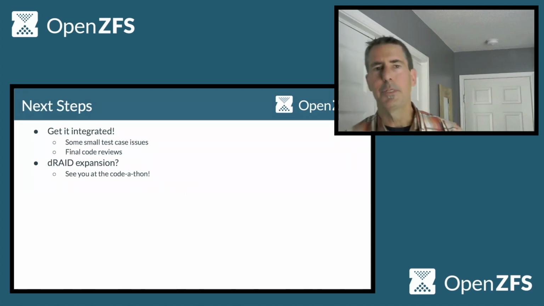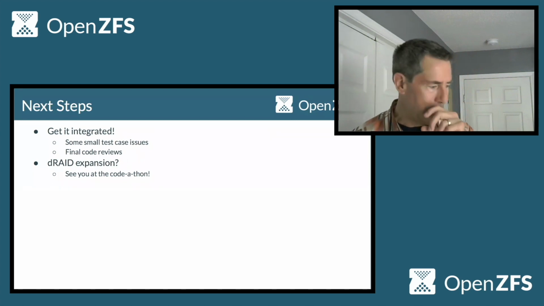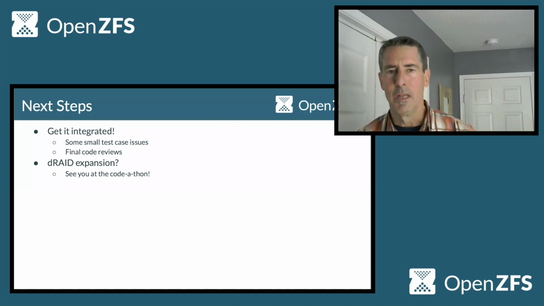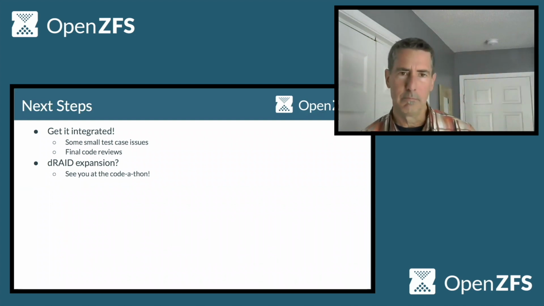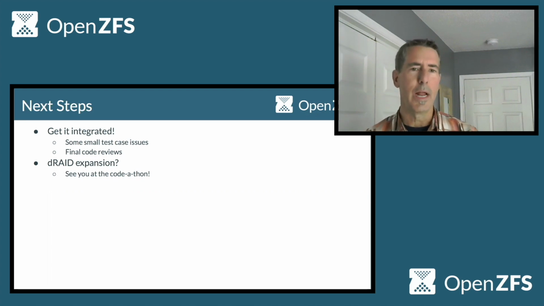So what are the next steps? Obviously, we need to get this thing integrated. There are a couple of small issues that are being closed up and getting the final code reviews done, but it's almost there. The next thing we're looking at, or one idea beyond that, is dRAID expansion.